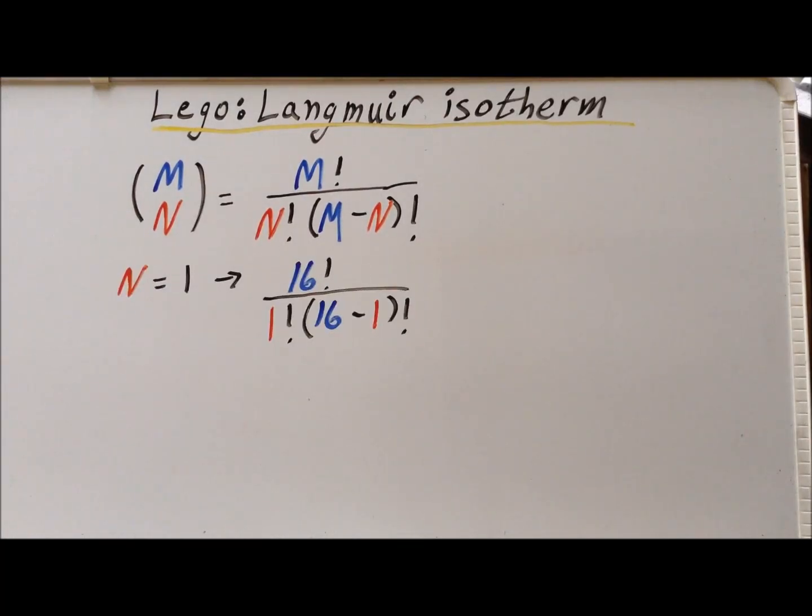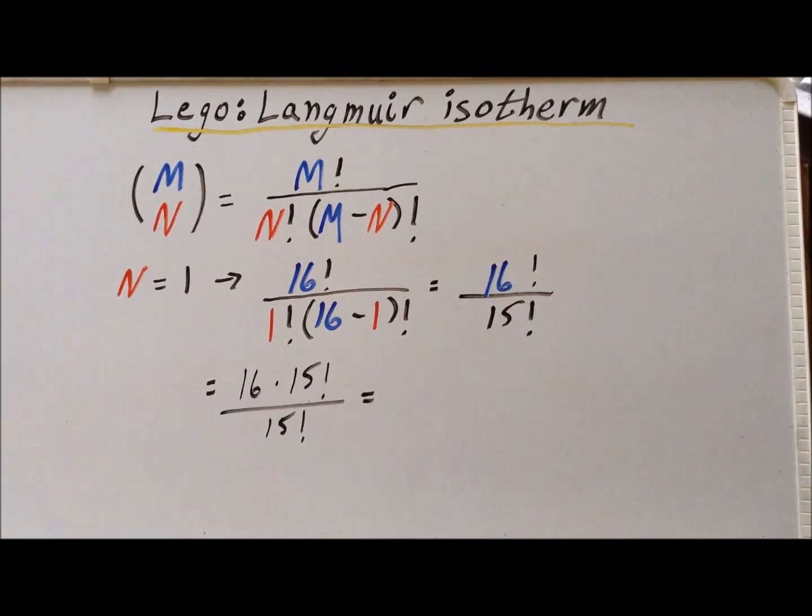If we only have one adsorbate molecule, N equals 1, we know that M is equal to 16, so therefore we have 16 factorial divided by 1 factorial times 16 minus 1 factorial. 1 factorial is simply 1. 16 minus 1 gives us 15 factorial, so this becomes 16 factorial divided by 15 factorial.